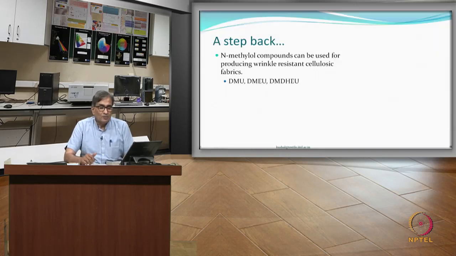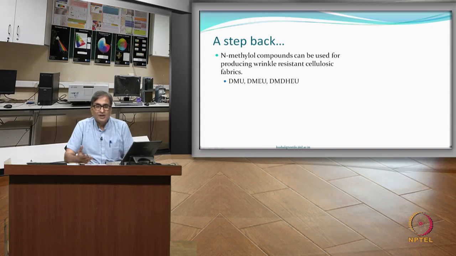Let us look back at what we have done. We have understood that the N-methanol compounds can be used for producing wrinkle resistant cotton and viscose fabrics, that is, fabrics based on cellulosic material.